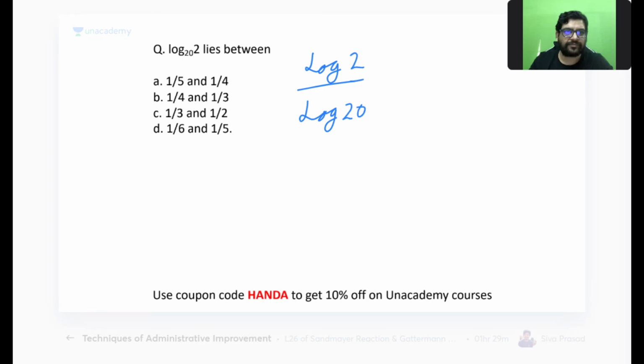Anyone? Let me do a quick poll for this as well. I think this is something that you should be able to just look at it and answer. The poll should be on your screen. Please try and solve this and give me the answer for this.